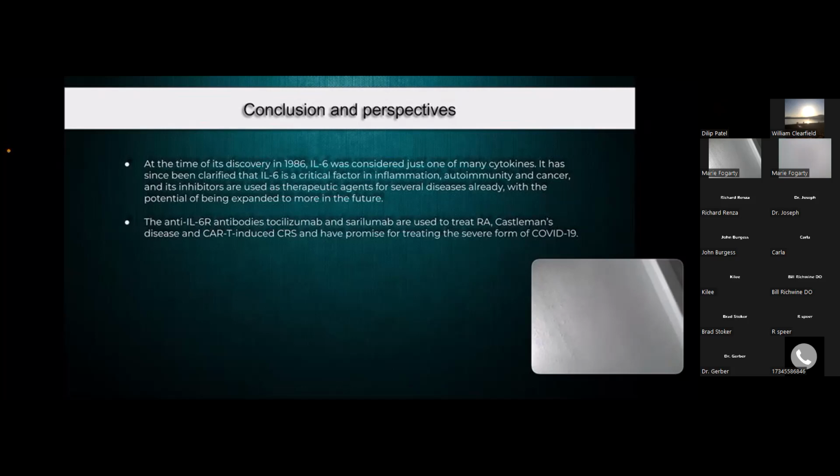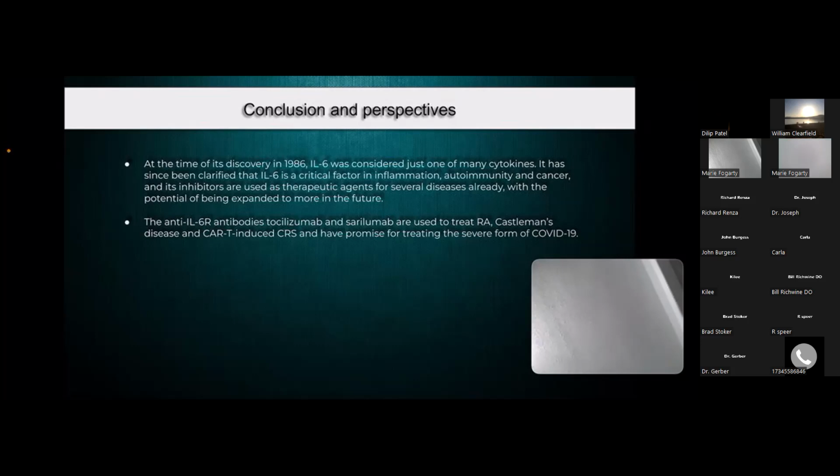Whatever drug they're doing is at the point of mechanical ventilation, at least where it is right now. The anti-IL-6 receptor antibodies, tocilizumab and sarilumab, and you're probably familiar with tocilizumab, that's what's being used in the hospital, at least from my knowledge base, are used to treat rheumatoid arthritis, Castleman's disease, and CAR-T-induced CRS, cytokine release syndrome.